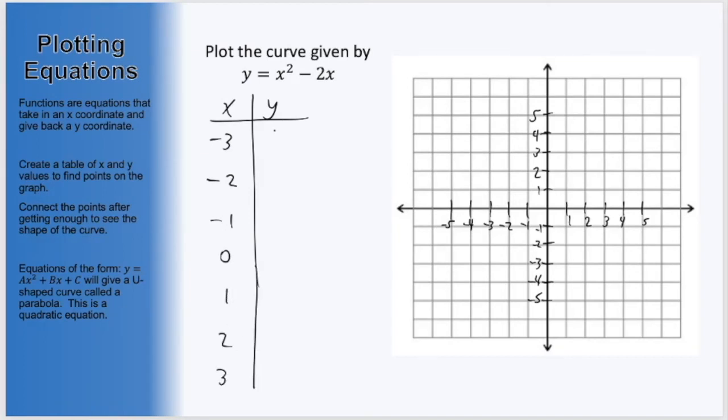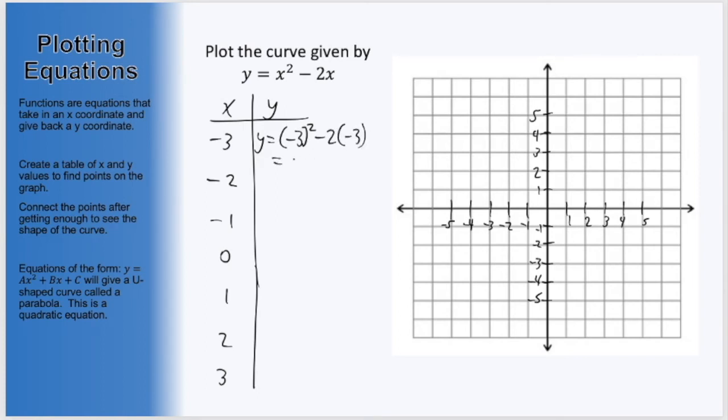Once again, anywhere we see an x in our equation, we will replace it with these values of x's. Starting with -3, we'll get y equals (-3) squared, being careful to use parentheses, especially with negative numbers, minus 2 times (-3).